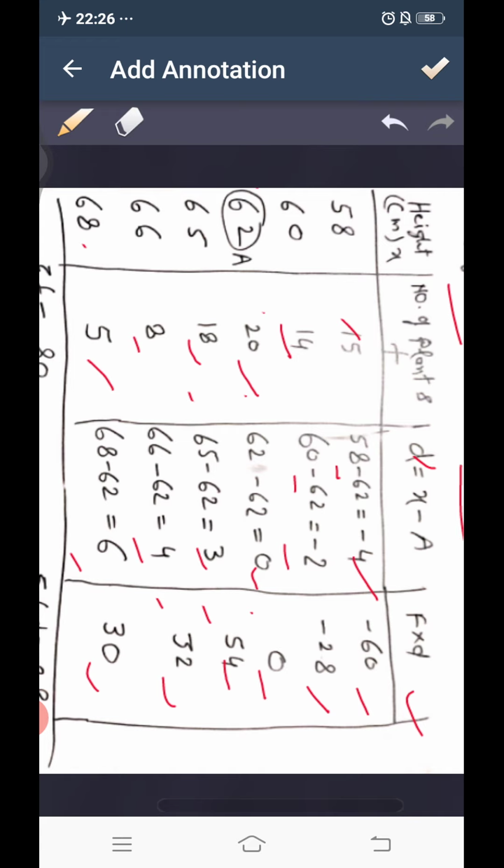Now we add the negatives, minus 60 and minus 28, that becomes minus 88.